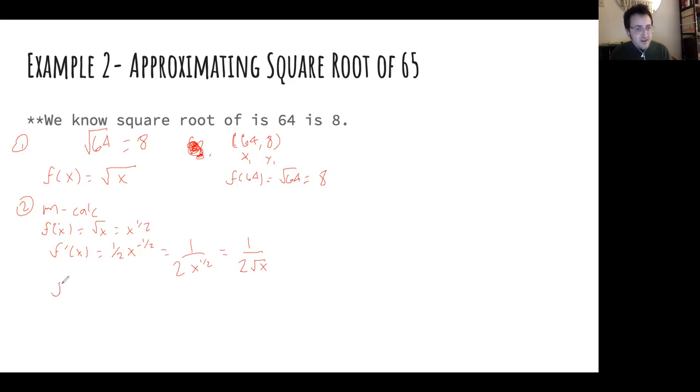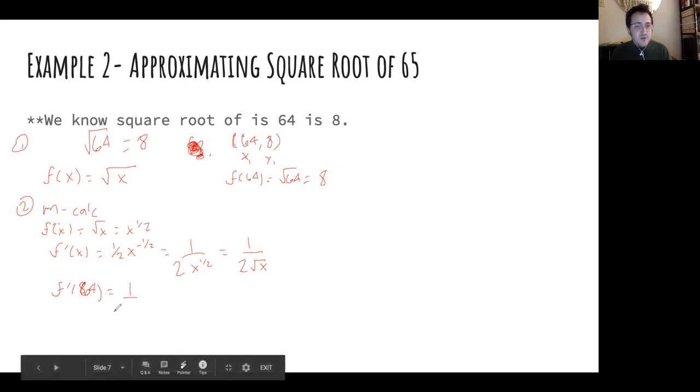And if I want to find f prime of 64, I could plug in 64. So this would be 1 over 2 times 8, which is 1/16. That is equal to our m.